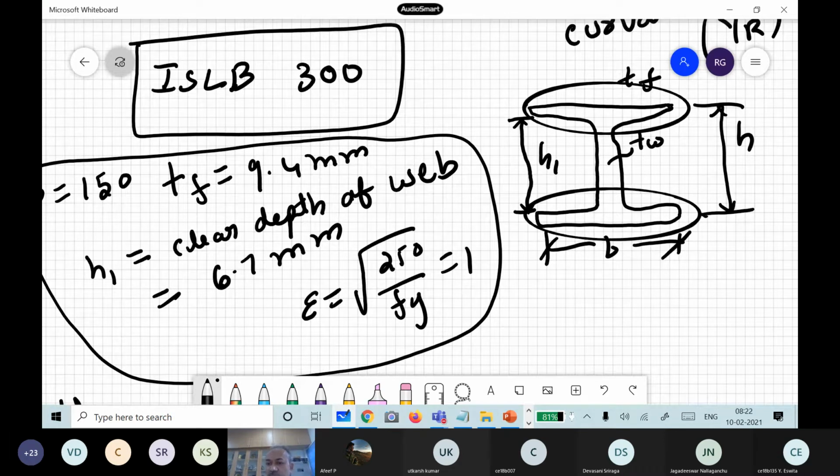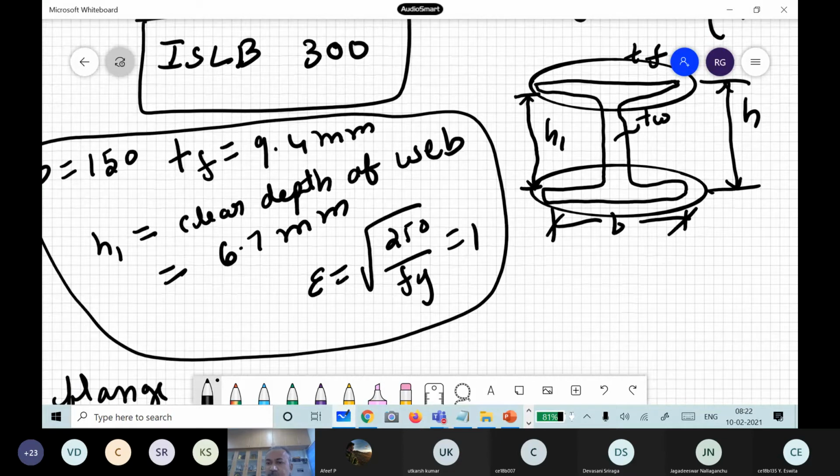If I want to find the buckling of this flange, what should be my effective length? It should be B or something else. What is the effective width?